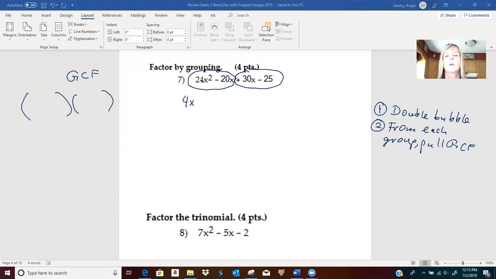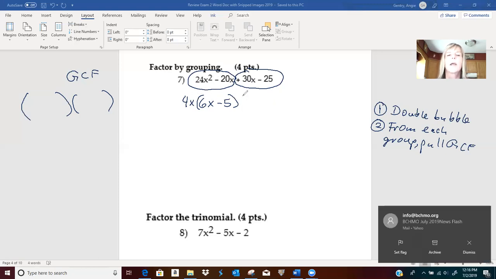So you pull the greatest common factor from the first group, and that's 4x. 4x times what is 24x squared? 6x. 4x times what is negative 20x? Negative 5. Do you see how everything you do in this chapter, which is chapter 6, you can check by doing chapter 5, because it's really chapter 5 in reverse, so multiplying through and factoring, you can undo one with the other.